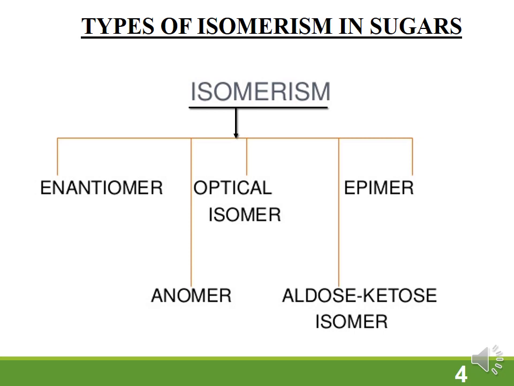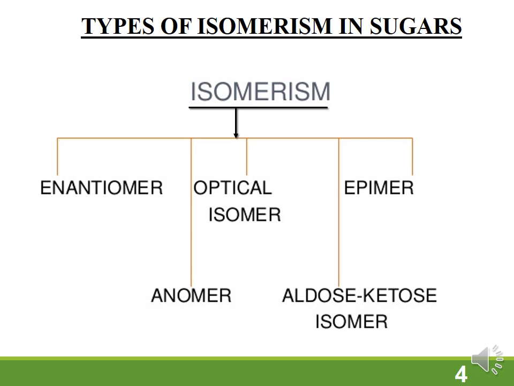If we look at the types of isomerism in sugars, then a sugar may exist in the form of enantiomers, anomers, optical isomers, aldose ketose isomers, and finally epimers.